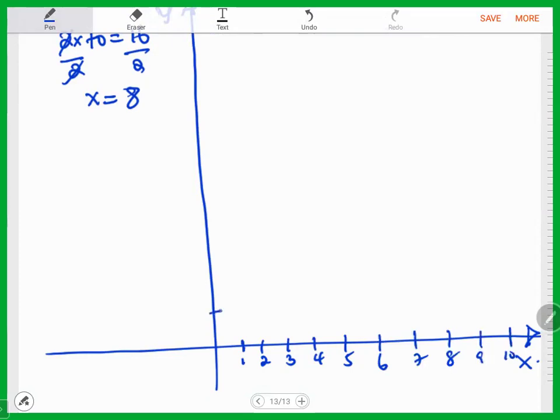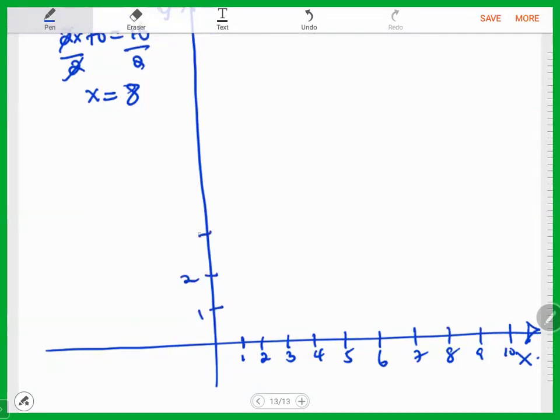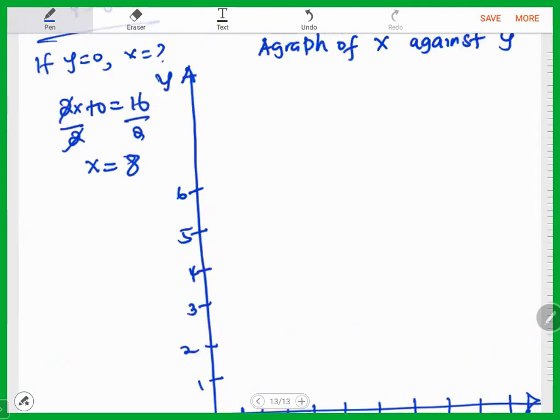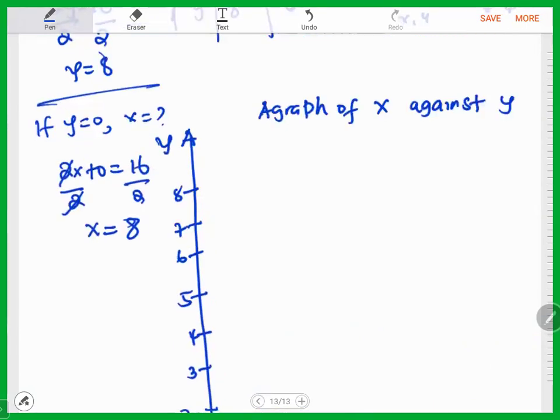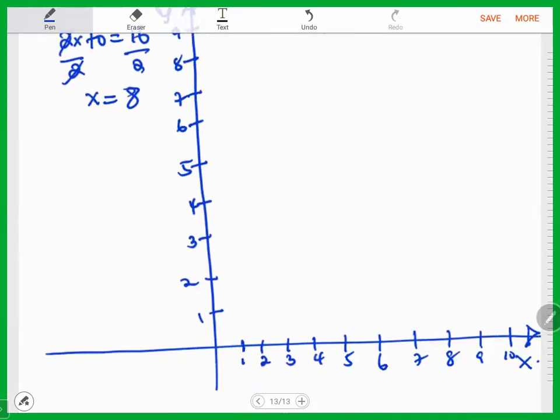Of course, I've taken one small box to mean one unit on either axis.